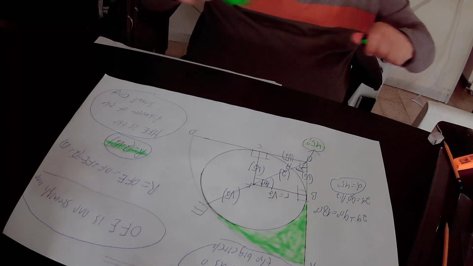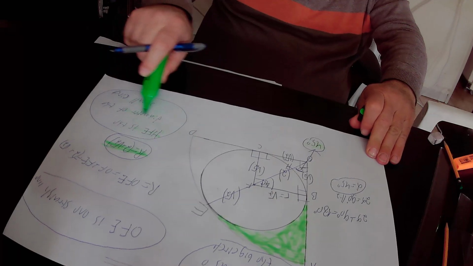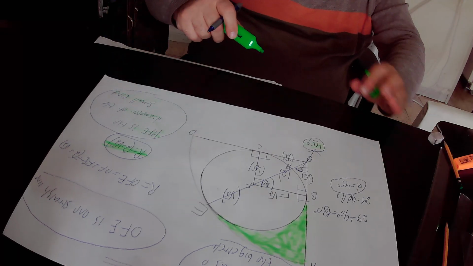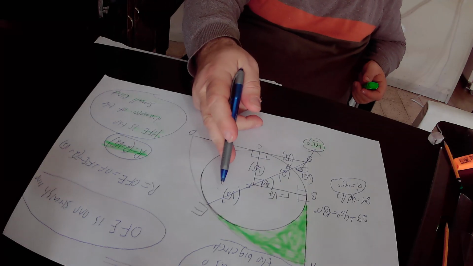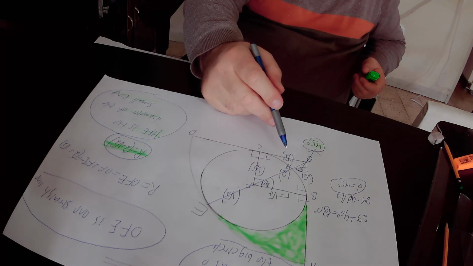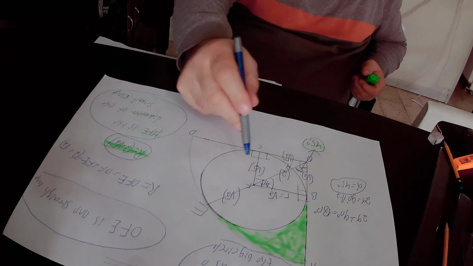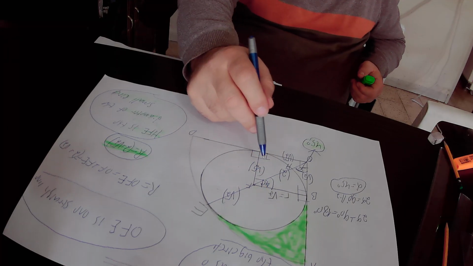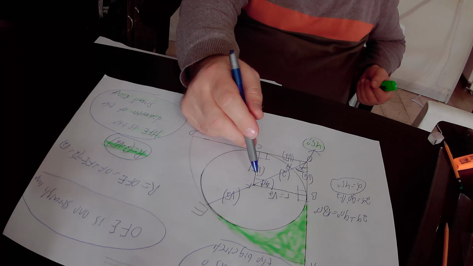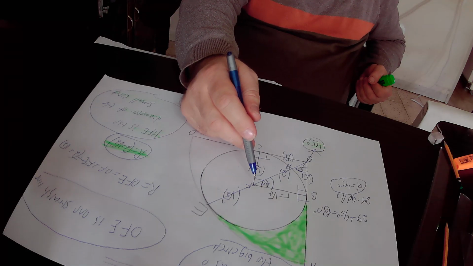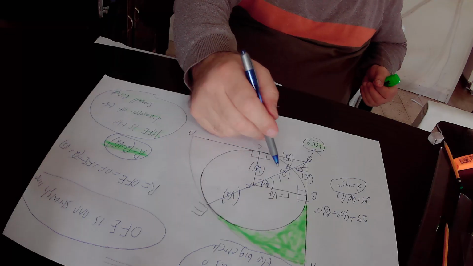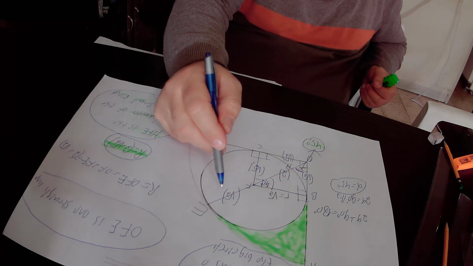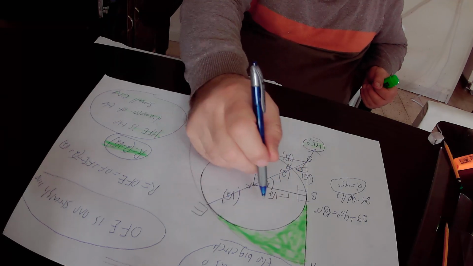And we also know that the diameter of any circle bisects the circle into 2 halves. So HE bisects this circle into 2 halves. This is the first half and this is the second half. A half of a circle is defined as a semicircle. So therefore this shape is a semicircle.